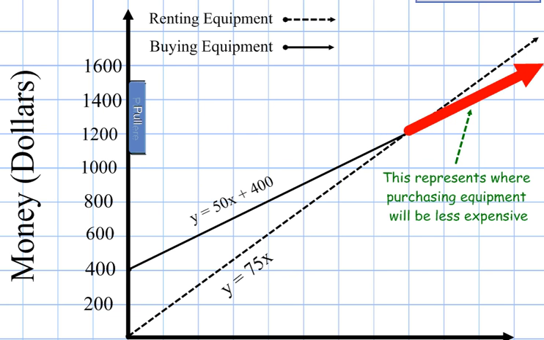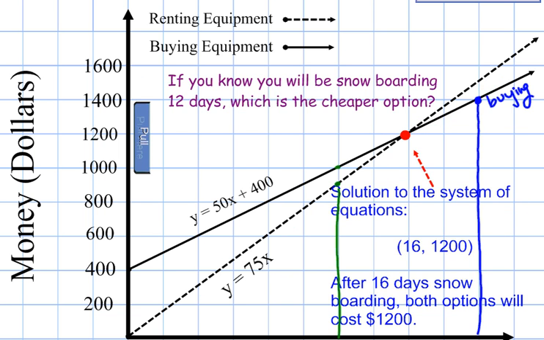So it depends on how much time you plan on spending on the mountain. But if we go back all the way to the page where we discovered the solution, it tells us that after 16 days of snowboarding, both options would cost $1,200. Then you could make your decision of whether it would be better for you to rent or better for you to buy.